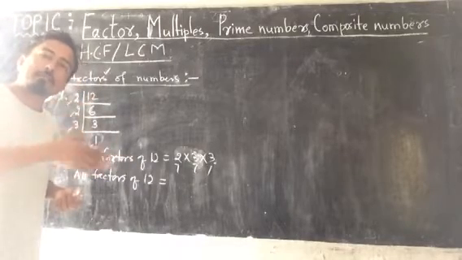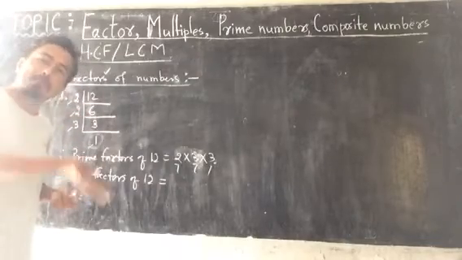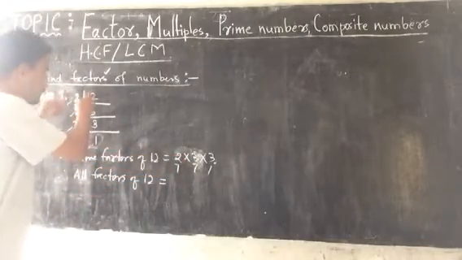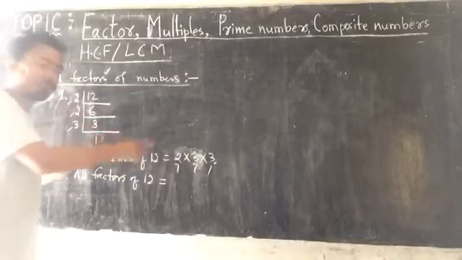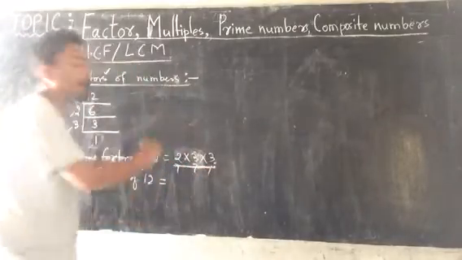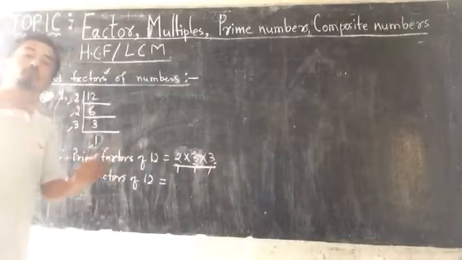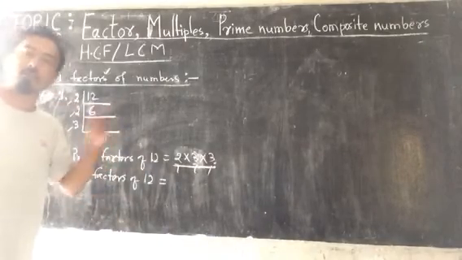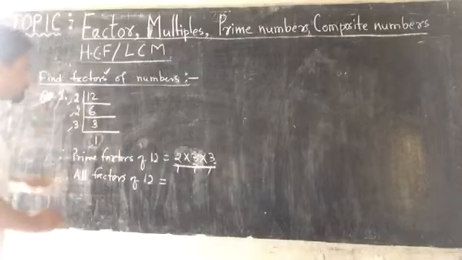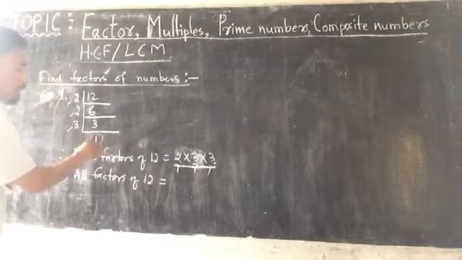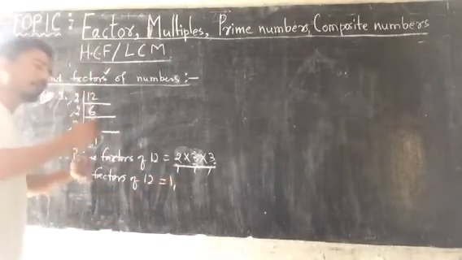Factors can be composite also, factors can be prime also. The process which I applied here gives only the prime factors. Now, I will teach you how to find all the factors. Very simple, you see here. First you write this, from 1 you can start. In all factors, 1 also comes.